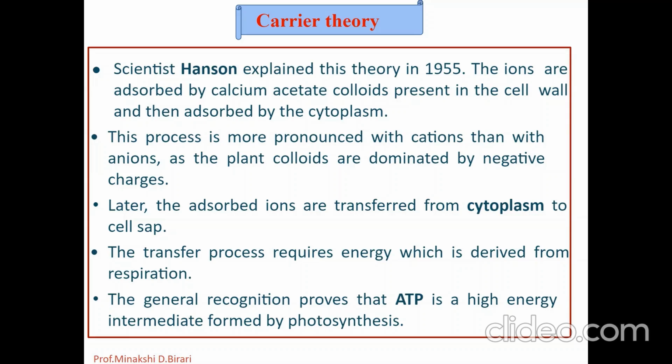So the carrier theory was explained by scientist Hansen in 1955. In this, the ions are adsorbed by calcium acetate colloids present in the cell wall and then adsorbed by the cytoplasm. Later, the adsorbed ions are transferred from cytoplasm to cell sap, and the energy required for this transfer is derived by the respiration process.